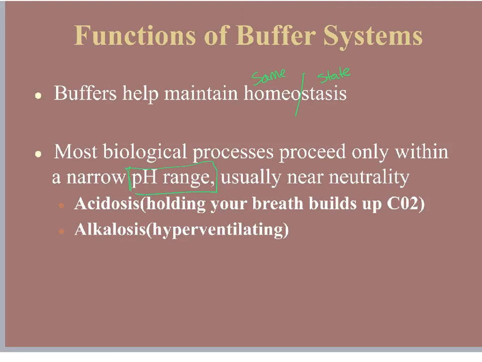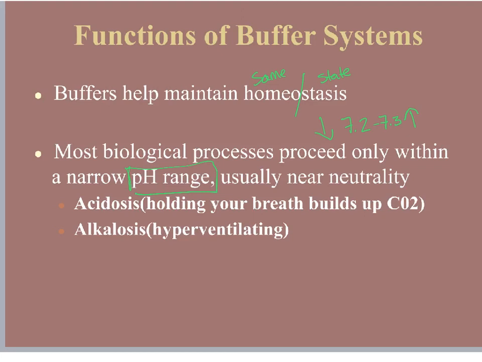So the pH of your blood, for instance, has a very narrow range, somewhere between 7.2 and 7.3. If that pH goes down, that can cause severe, life-threatening issues, as well as if that pH goes up. Most biological processes need to occur in a very narrow pH range, usually hovering right around neutrality.